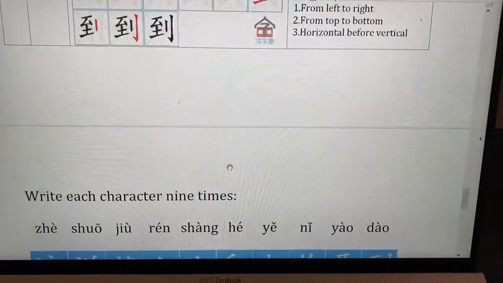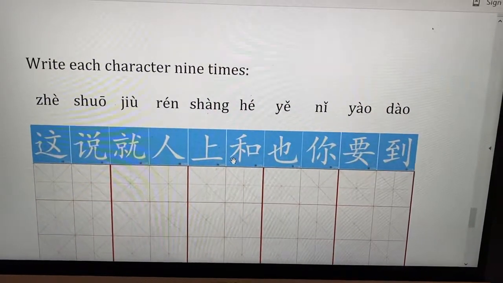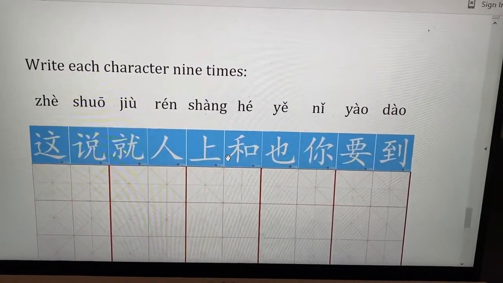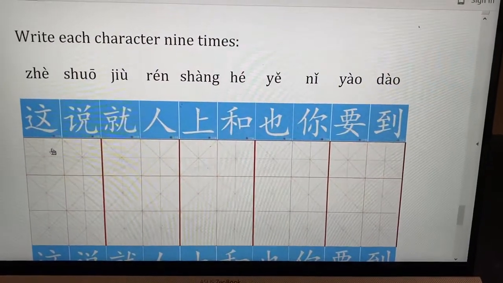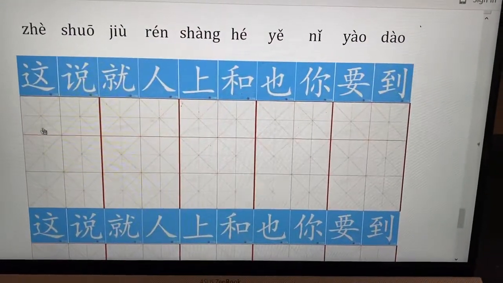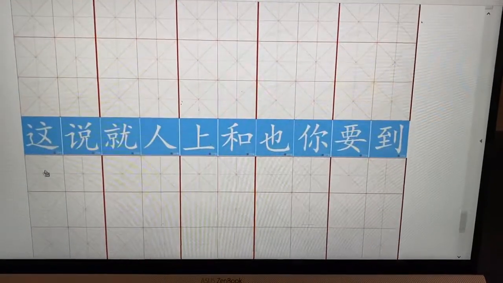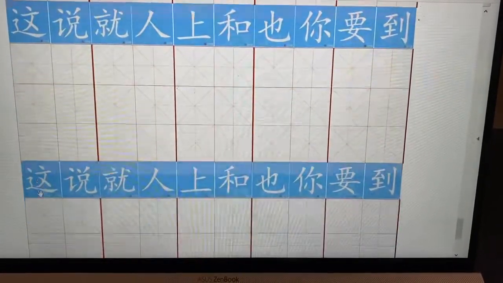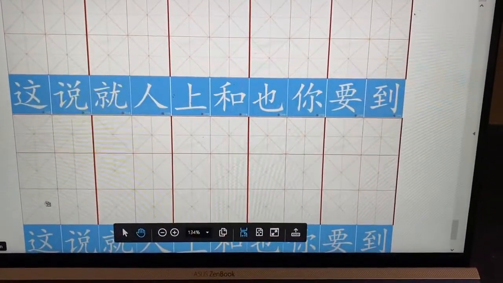And then similarly, you also need to practice characters from number 11 to number 20, each 9 times vertically. So here you may have zhe written several times.